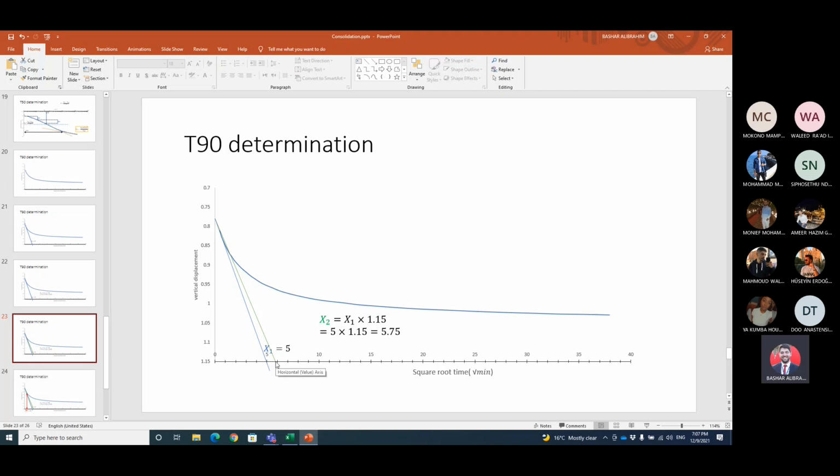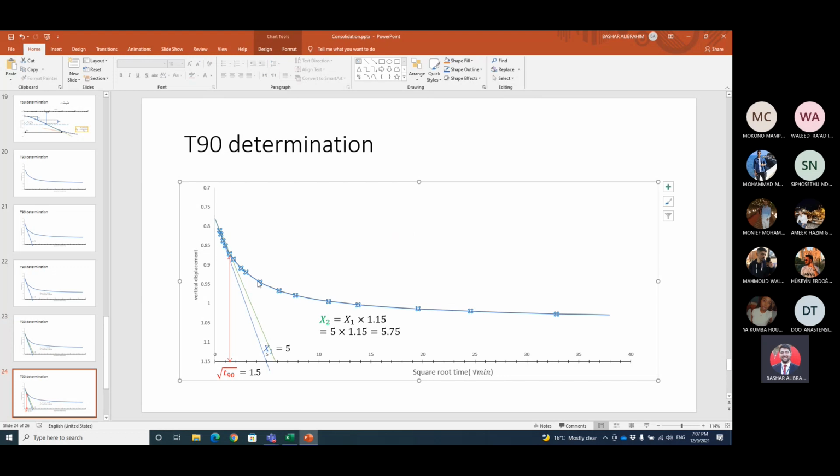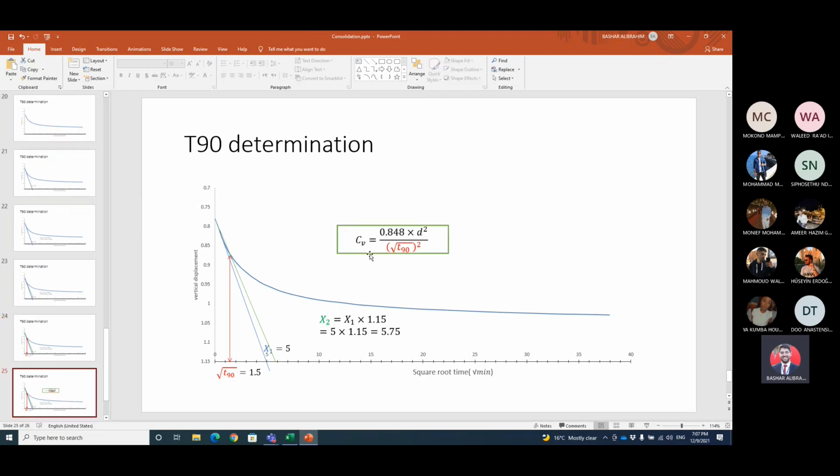So I will draw another line from the x-axis at 5.75 to the initial point that we got from the blue line. Okay. Then the intersection of the green line with the actual data set is our root time. So this root T90 is 1.5 in this case.